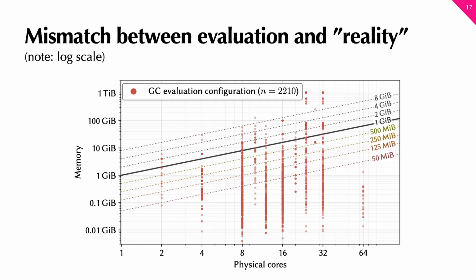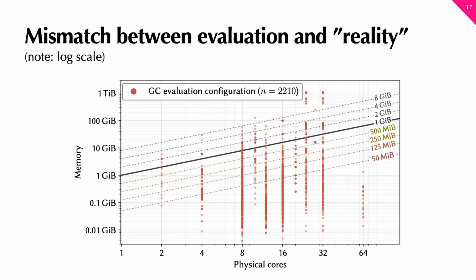If we again look at every red dot on this graph, it is one actual configuration used in these 34 papers. That means that someone was using an 8-core machine with some amount of memory, for example.